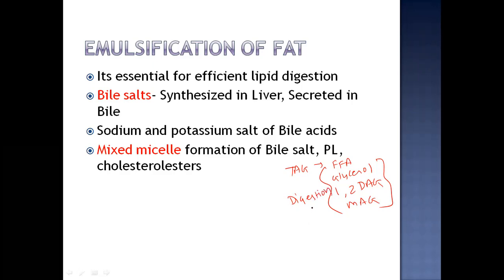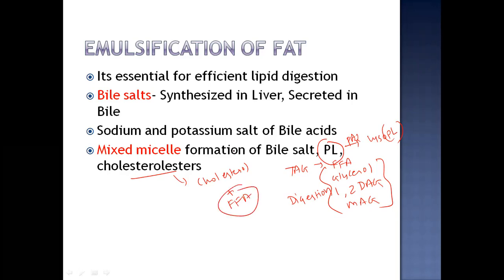Another form of lipid which we take, that is the phospholipid, on which our enzyme phospholipase A2 will act. It will give us the lysophospholipid, or suppose our phospholipid is lecithin, then the product will be lysolecithin. Another thing is the cholesterol ester which we take in the diet. On that, esterase enzyme will act and it will give us the cholesterol plus free fatty acid.